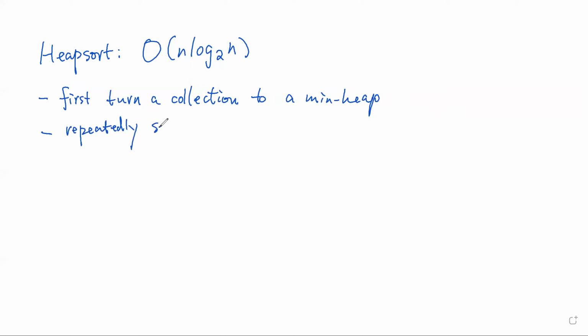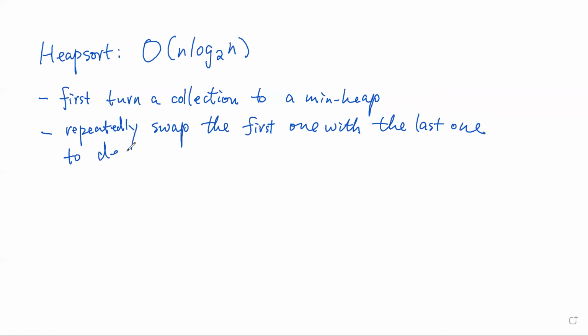It repeatedly swaps the first one with the last one, so that we can decrease the range in the heap each time by 1, because you're going to remove that item.